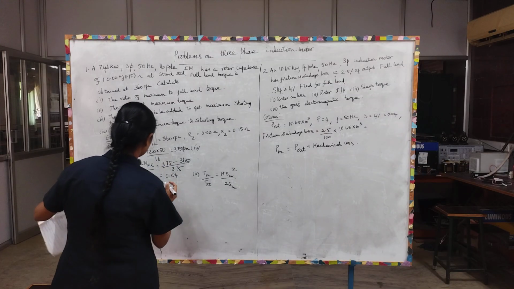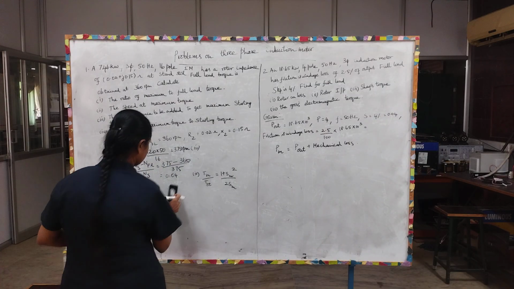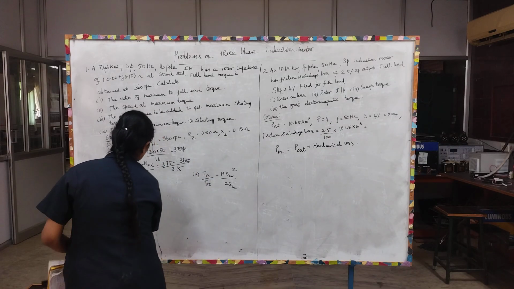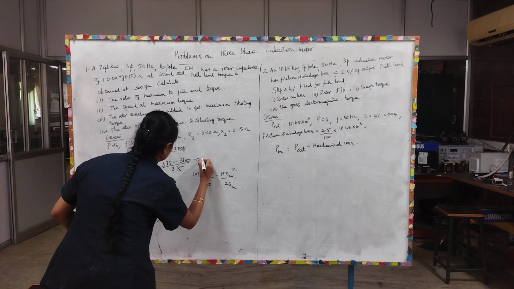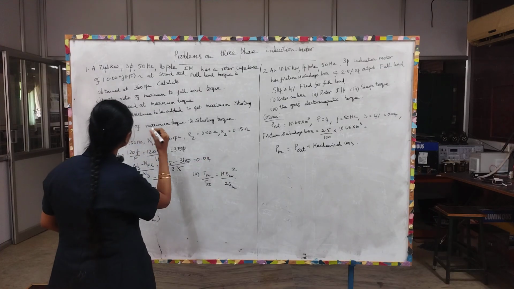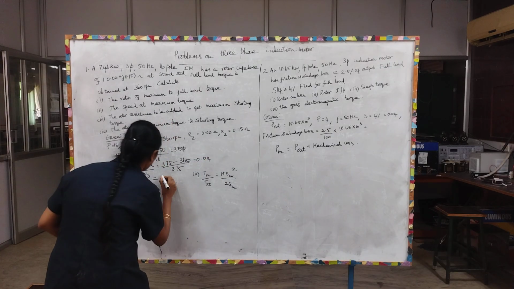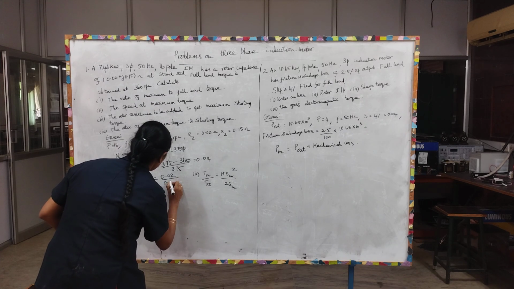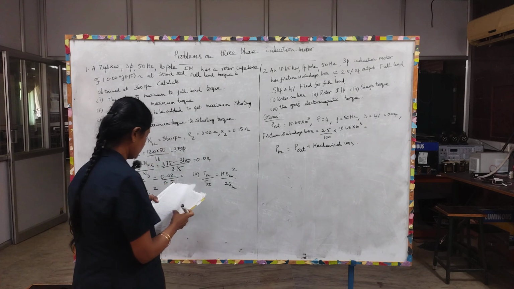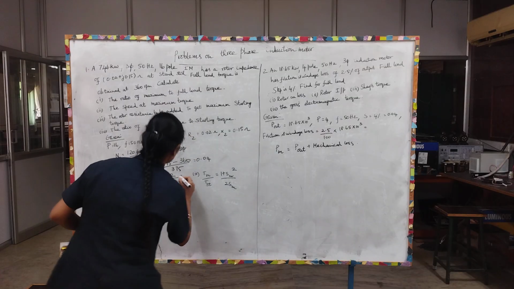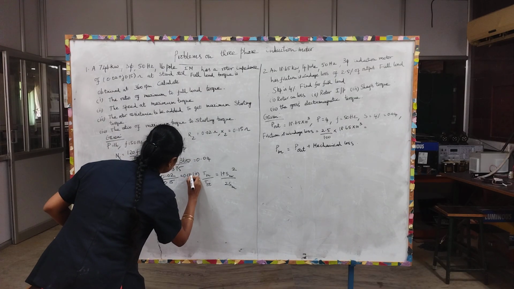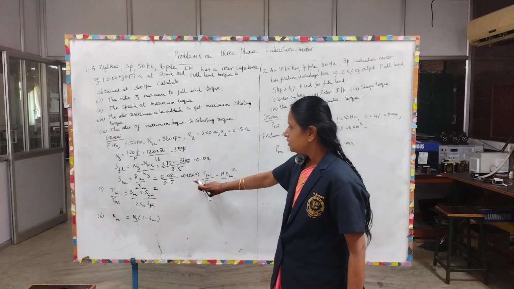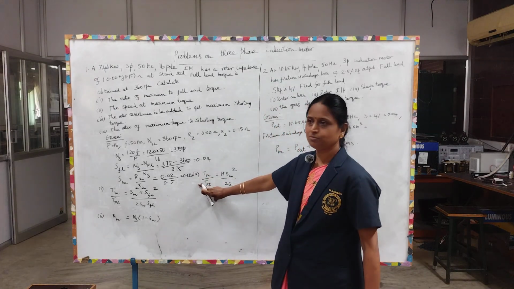So R2 is given as 0.02 divided by 0.15. So you are getting Sm as 0.133. So we have calculated full load slip as well as maximum slip.